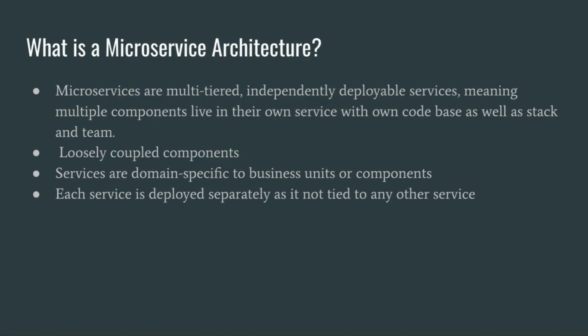In the e-commerce example, if you're changing the payment backend, you only deploy the payment service alone, and every other feature within the system will still be working fine. Only that service will be impacted. That is what a microservice architecture is.